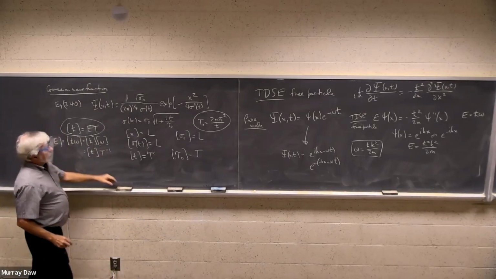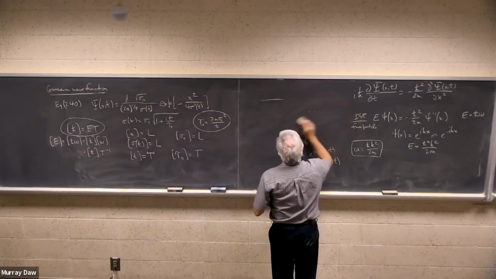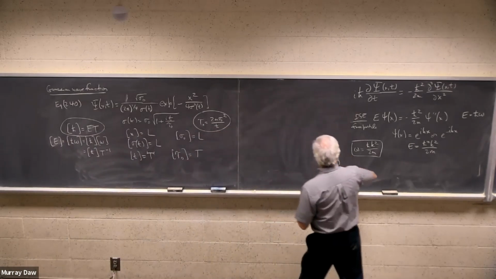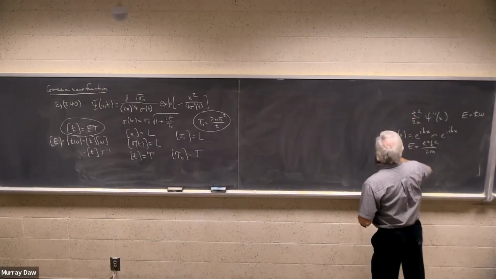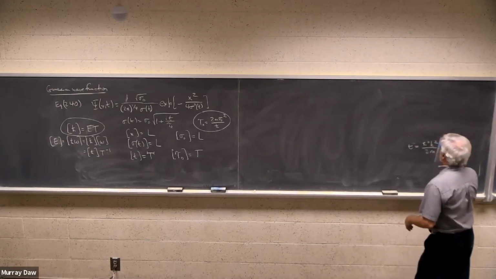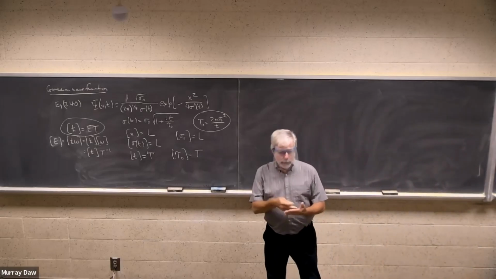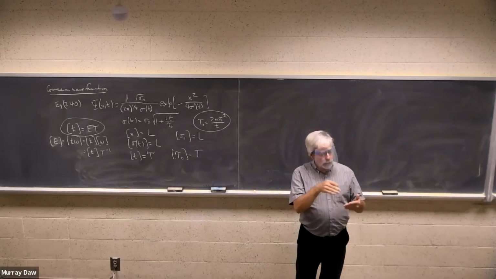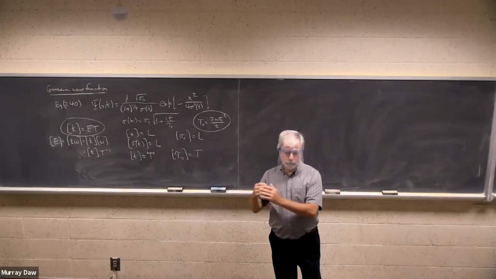Now let's see what this looks like at time 0. We can think of the time-dependent Schrodinger equation as telling us how a wave function will evolve. So we start off with a wave function at some time, and then we could solve the time-dependent Schrodinger equation to get the wave function at a later time.